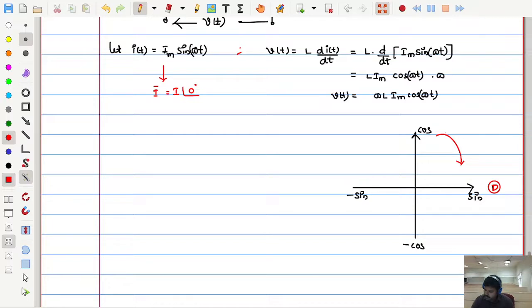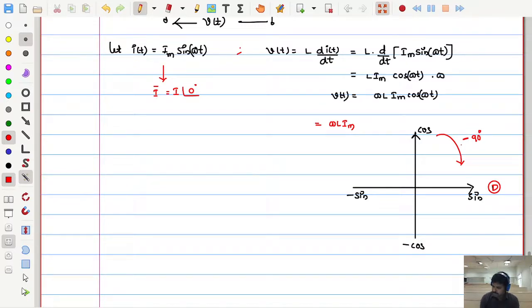If I move in clockwise direction, that represents negative angle. If I move by 90 degrees, I will reach the sine. So now I can say this is equivalent to omega L into Im, right? Yes.